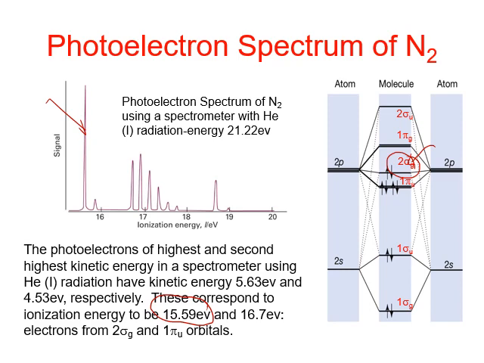The line with ionization energy 16.7 is most likely from the electron at 1 pi u. As we know, molecules also vibrate, and so the result is the vibrational fine structure.